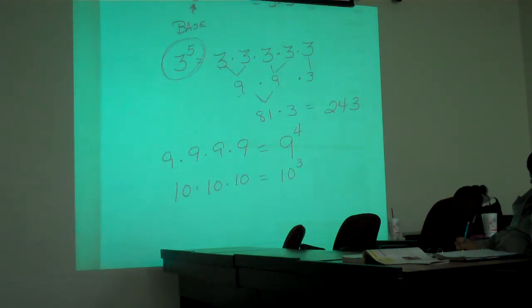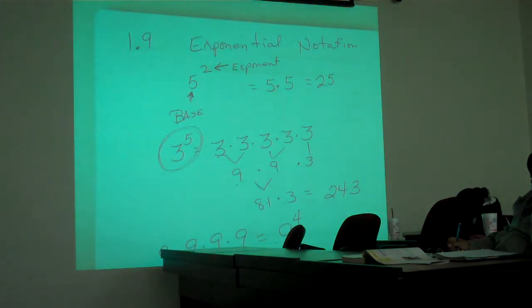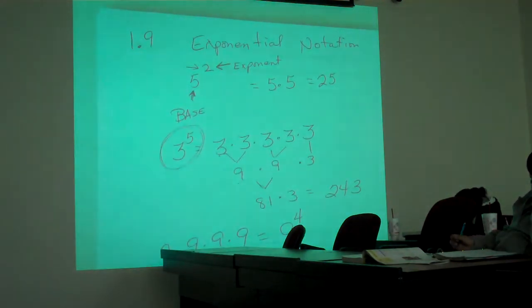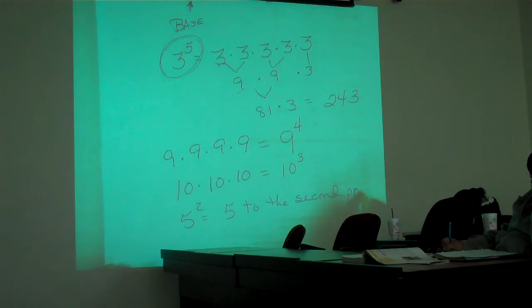Okay. For the 2 and the 3, there's special names for it. For the rest of them, you say to the whatever power. If it has a 2, it's called squared. Like you were doing area, the square yard squared had a 2 up there. So if you have 5 with a 2, you could say 5 to the 2nd power, or you could say 5 squared.